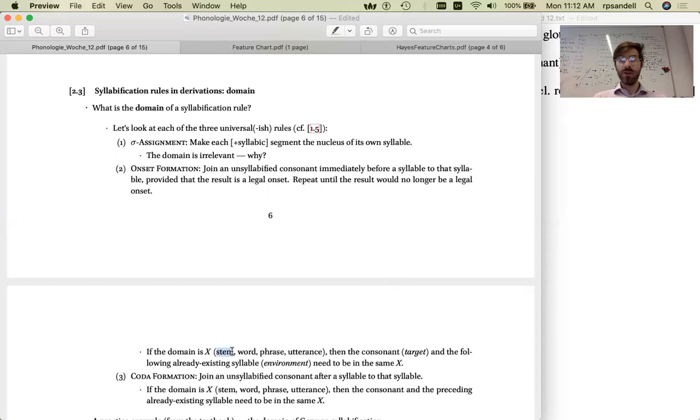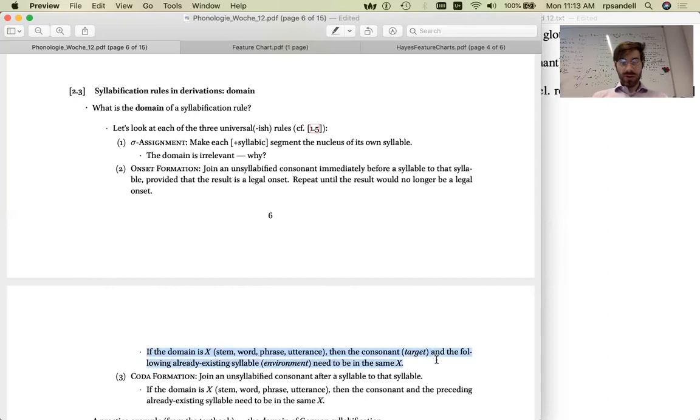So for instance, if onset formation is stem bounded, that would mean that there are going to be necessarily syllable boundaries placed between a stem and any prefixes or affixes. All of the consonants of the stem are going to need to be placed into syllables inside the stem.